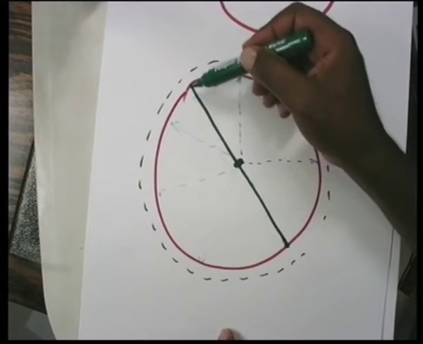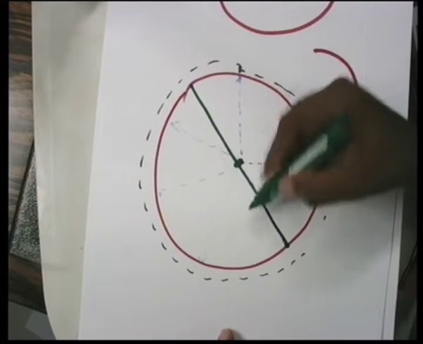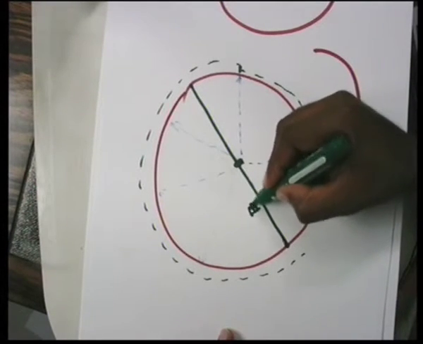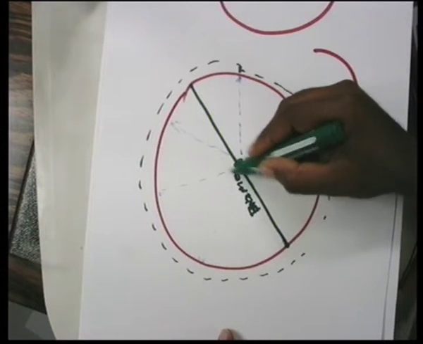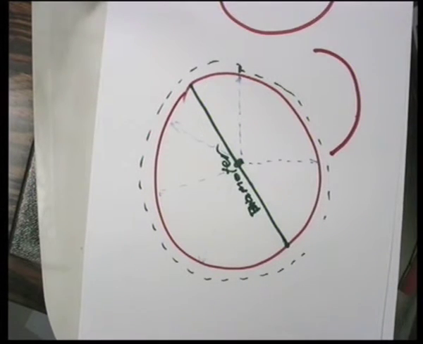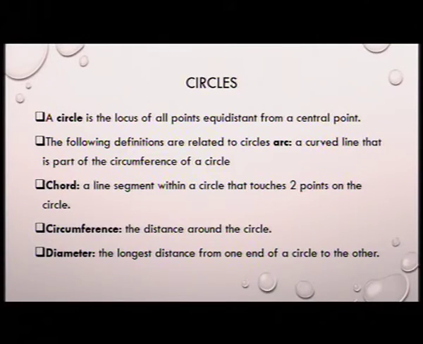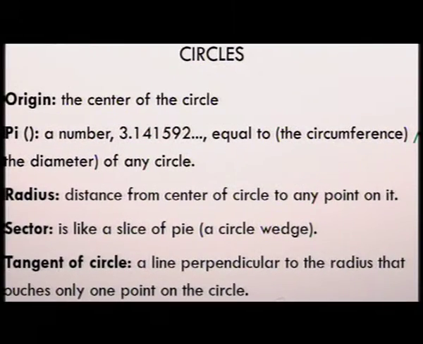That one is a diameter. This is what we call a diameter. So it stretches from one side to the other through the center. It must go through the center for it to become a diameter. That's the longest distance from one end of the circle to the other.